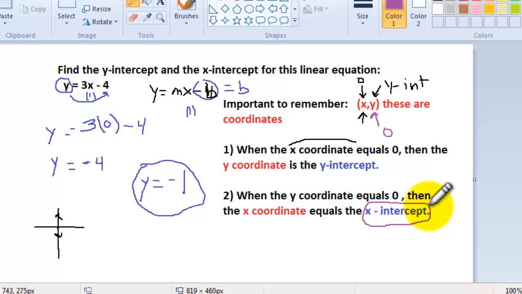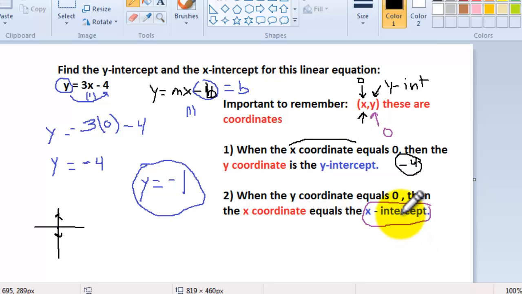And the x-intercept is where the line crosses the x-axis, just as the y-intercept is where the line crosses the y-axis. We'll plot our intercepts as well. Okay, so our y-intercept we already know in this equation is -4. Our y-intercept for this equation is -4.